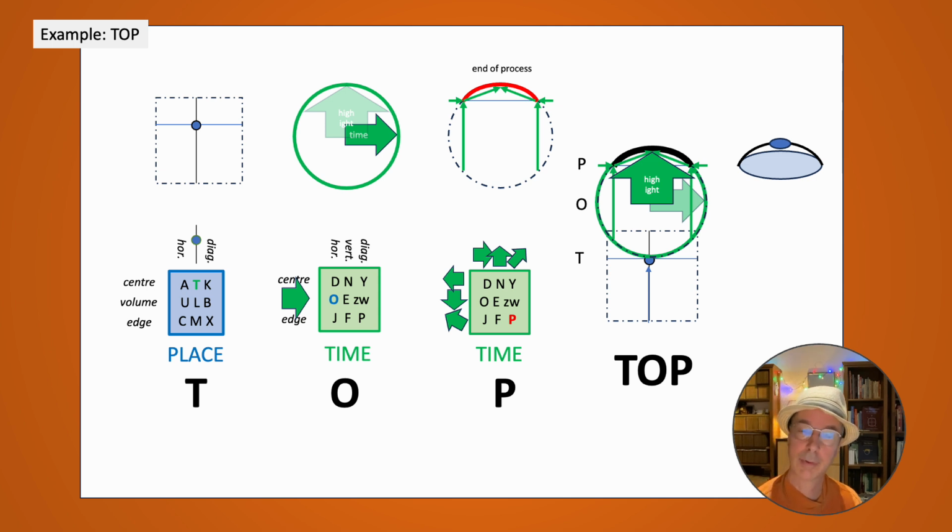This is the top, our orientation with T, followed by O, followed by P. So you have a position in space, and something that comes out of this space, which is our top vision, visualization, or focus, or orientation.